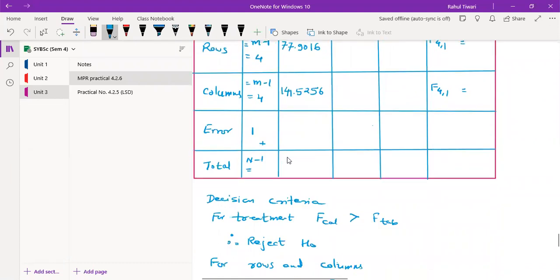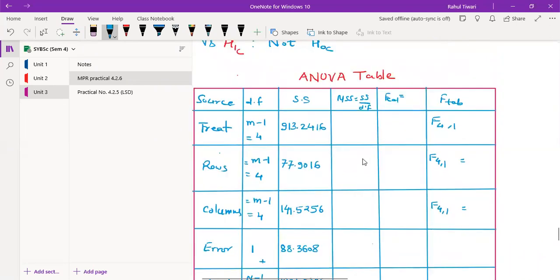And we have an error of 88.3608. We have 121.0296. Similarly, you will get this one also: 8.3104. So sum of square divided by the degrees of freedom will give us the mean sum of square.